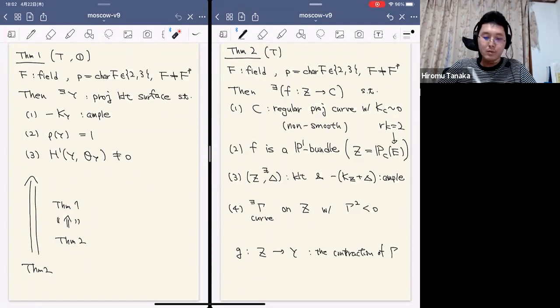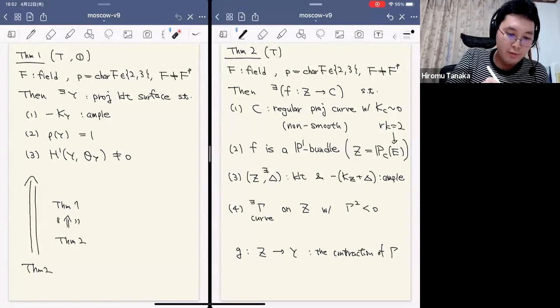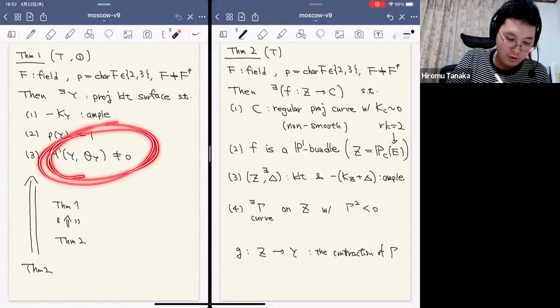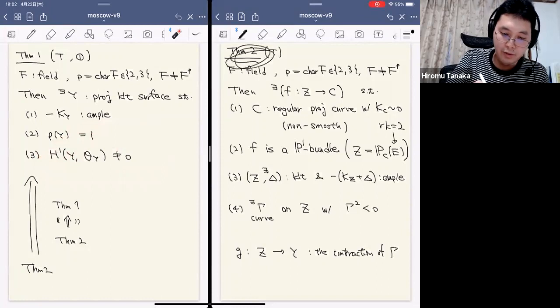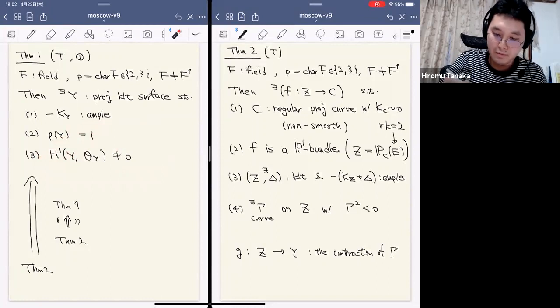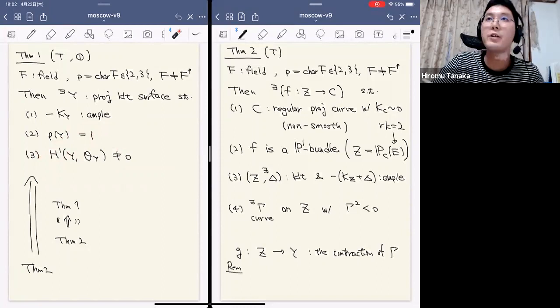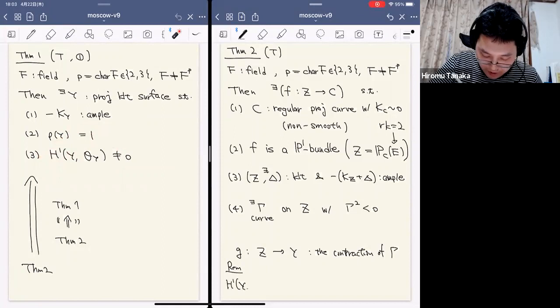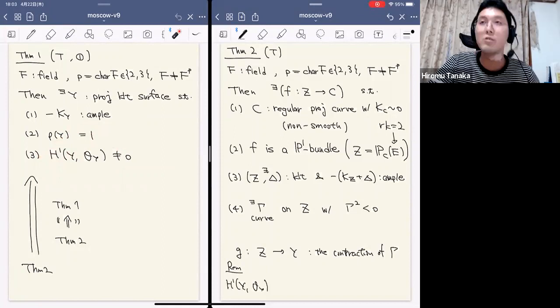So, as another remark, I should mention why this condition holds. Let me mention about it. So we try to compute what is H^1 of Y. This is non-trivial but easy.